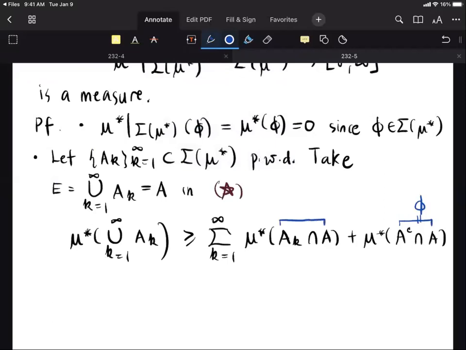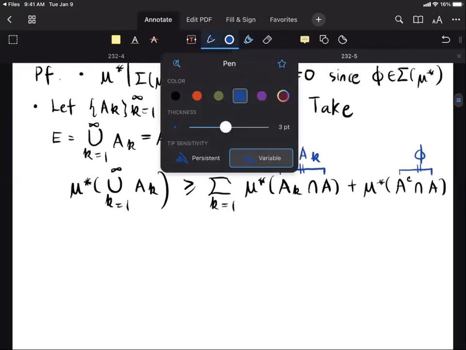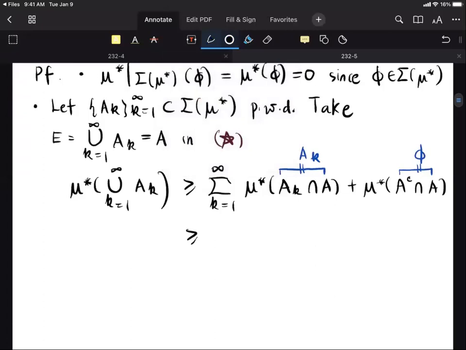And since A sub k is a subset of the union A, the intersection will be the smaller set. From here, we see that the outer measure of the union is greater or equal to the outer measure of the sum.